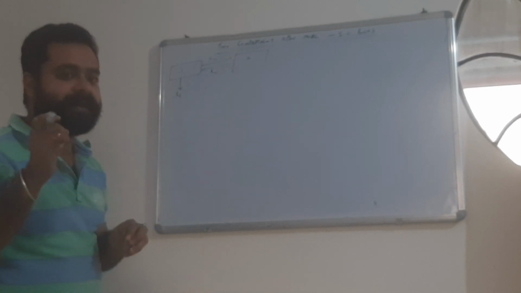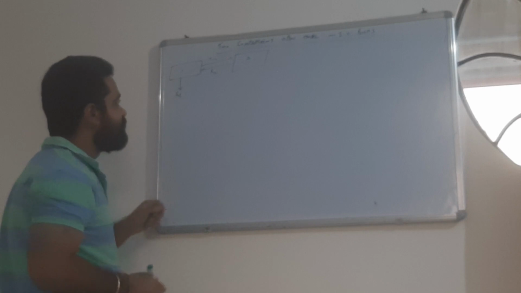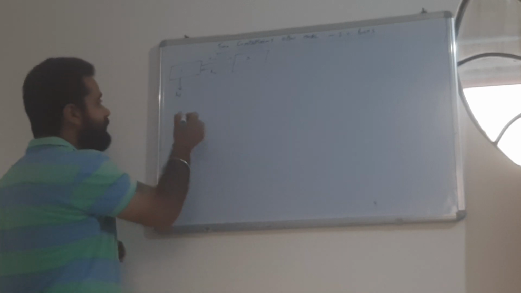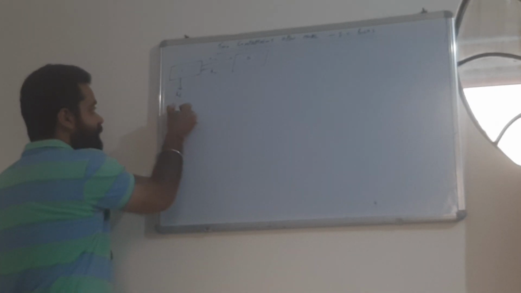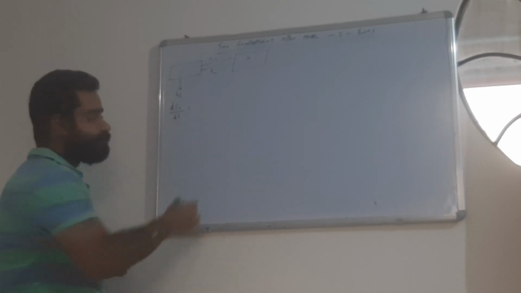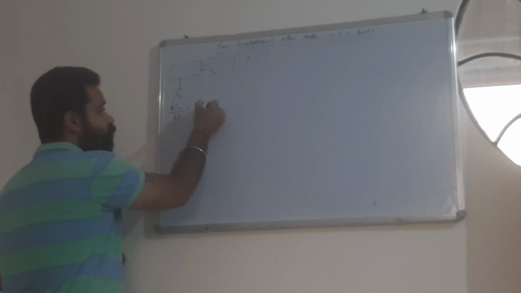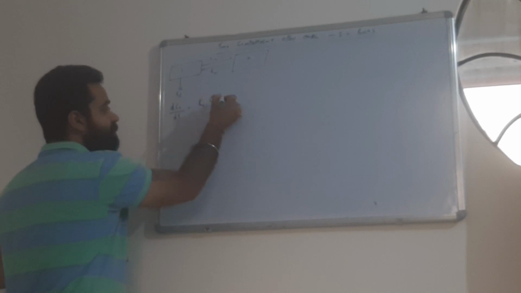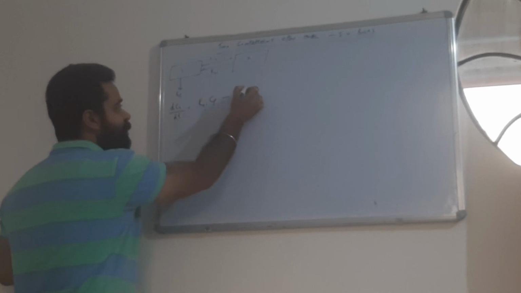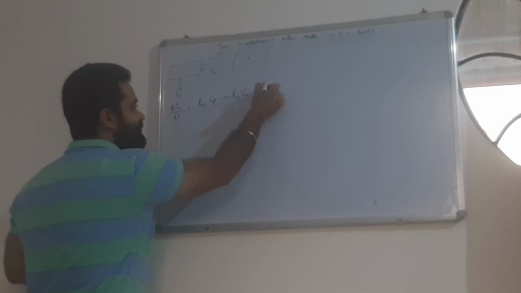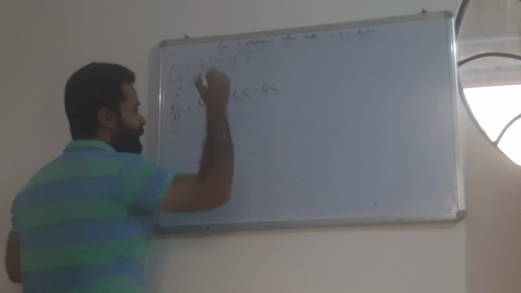compartments. Now, the rate of change in the drug concentration in the central compartment is given by dCc/dt = K21 Cp - K12 Cc - Ke Cc.